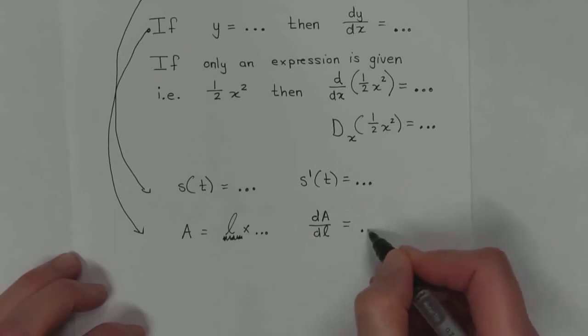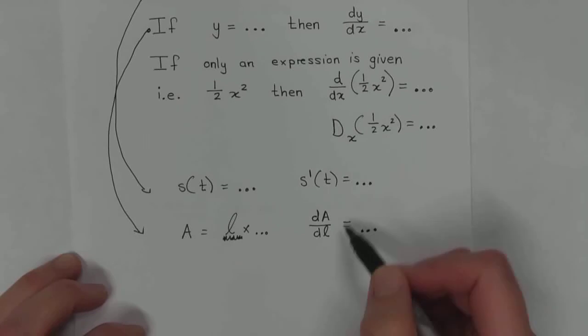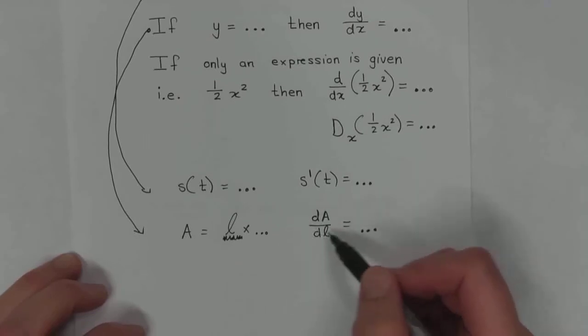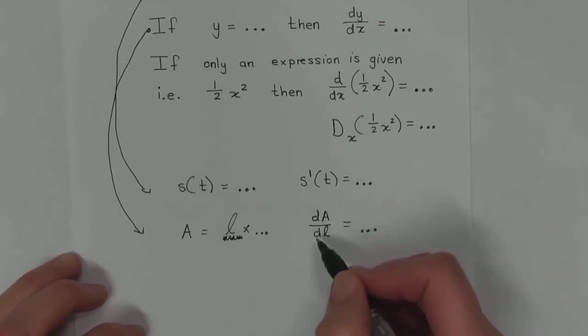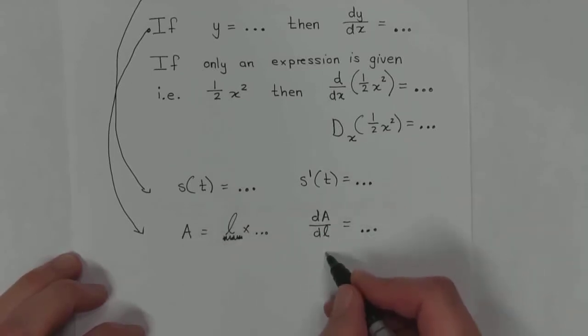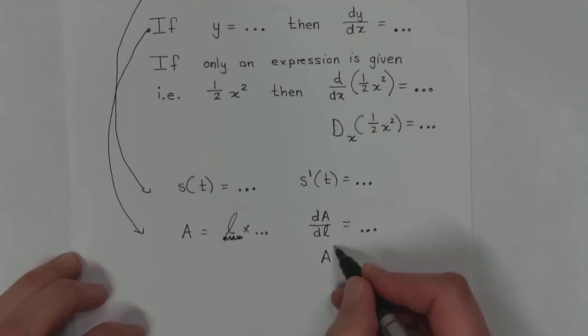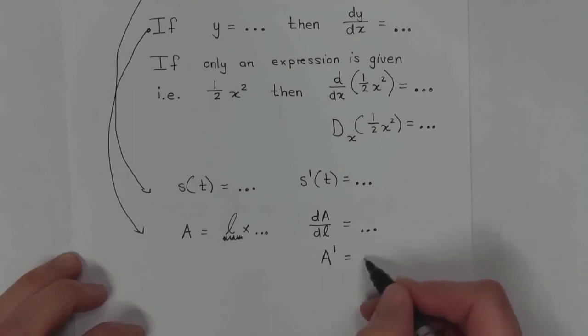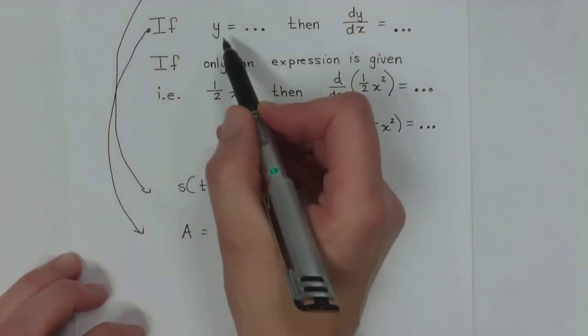Now, added to this, you could have a nice little shorthand instead of using that dA over dl. That shorthand is pretty much just saying, I want to find the derivative of A. I can just put a little dash over there, and say it's the first derivative of A, and write it down.